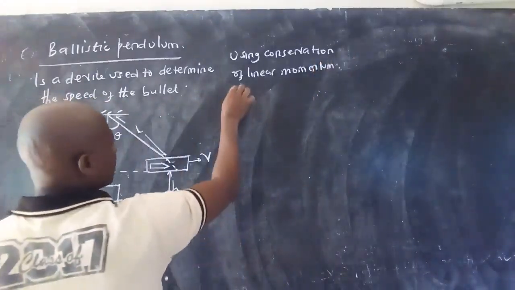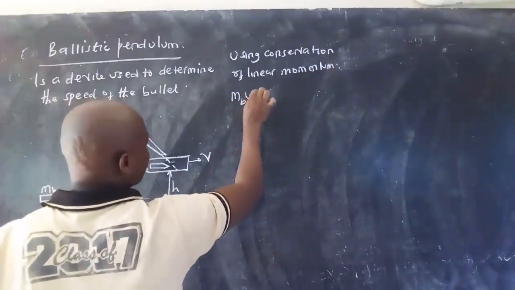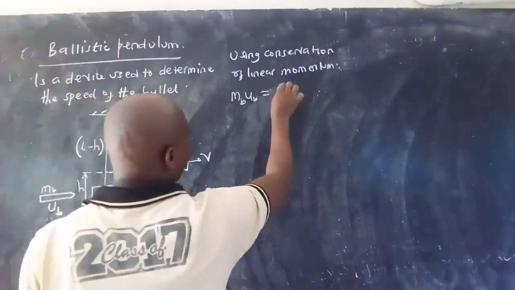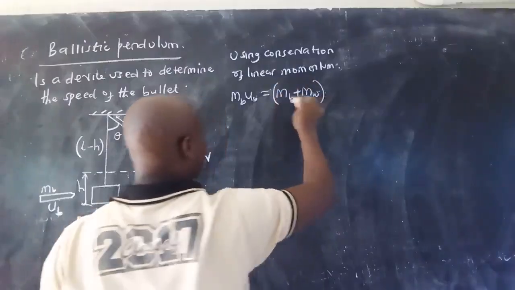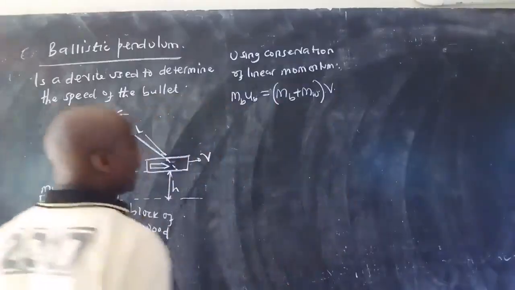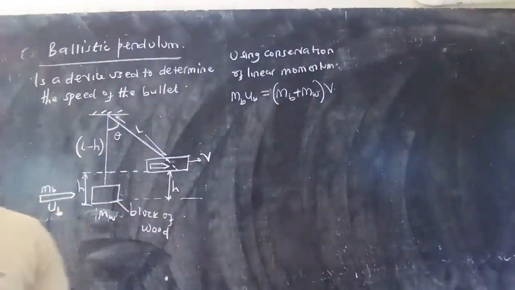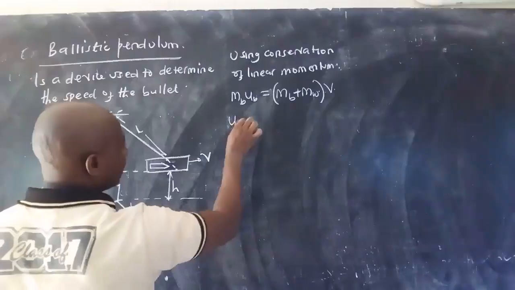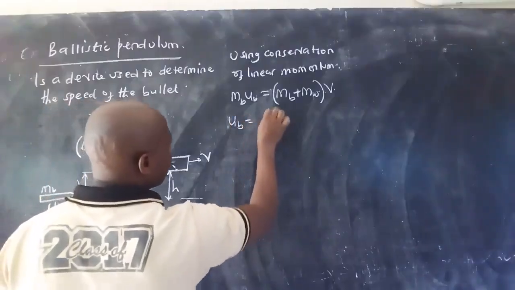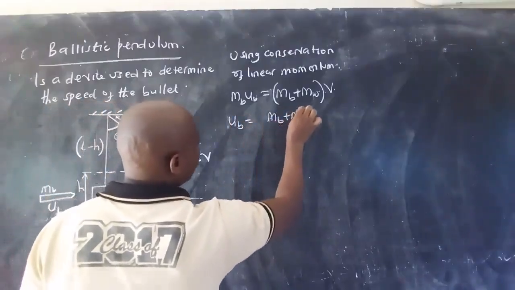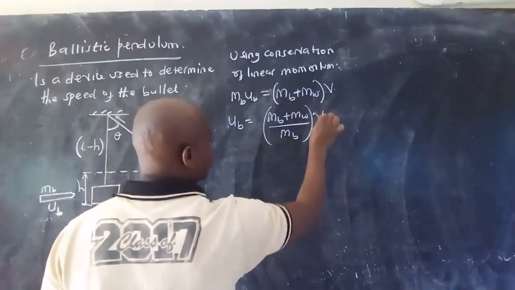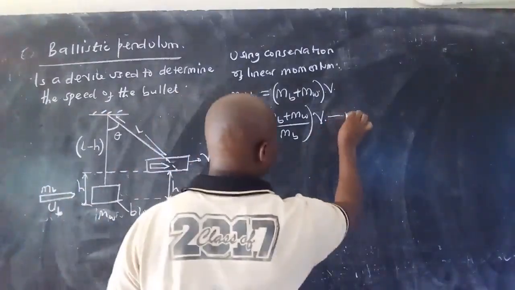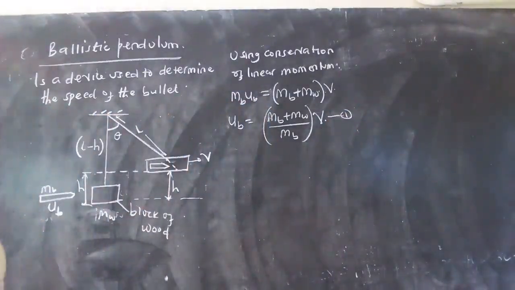We shall come here: mass of the bullet times speed of the bullet is equal to mass of the bullet plus mass of the wood times the common velocity. So what will be the speed of the bullet? We make it the subject. Speed of the bullet will become mass of the bullet plus mass of the wood, divided by mass of the bullet, times the common velocity, which is V. Call it equation 1, because we are looking for the speed of the bullet.